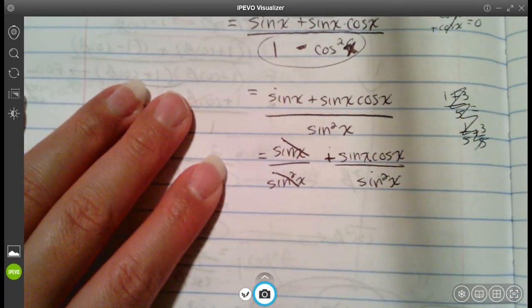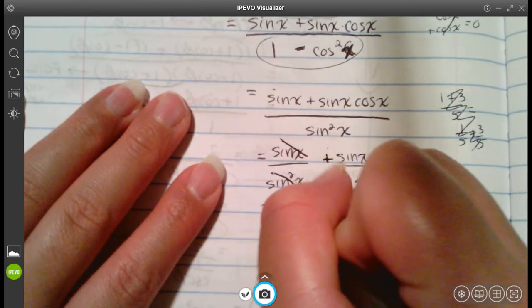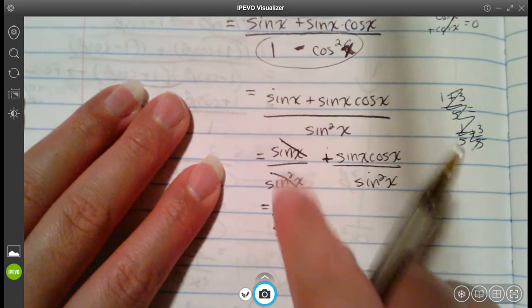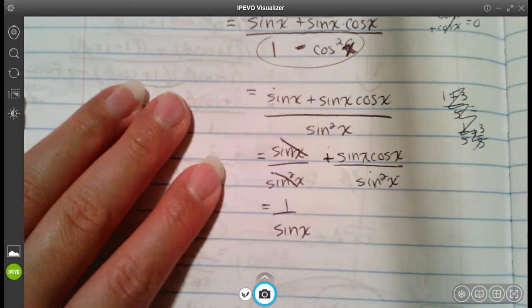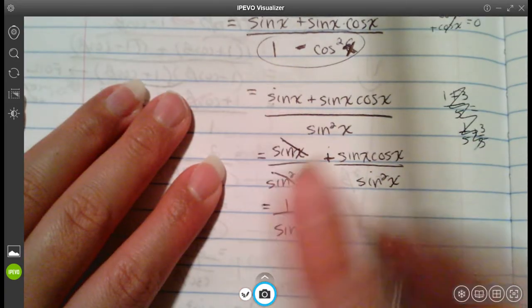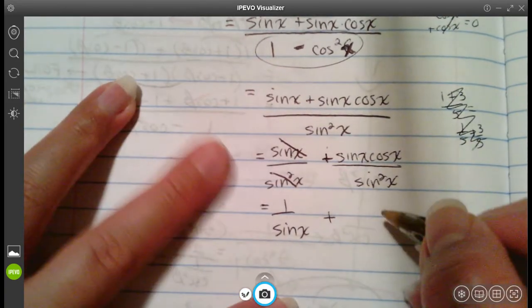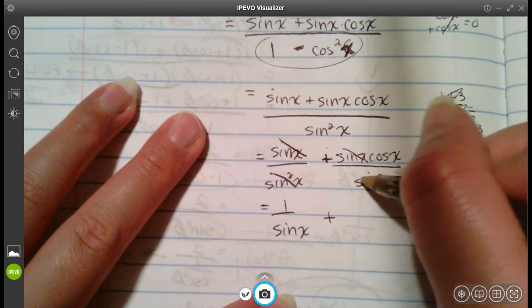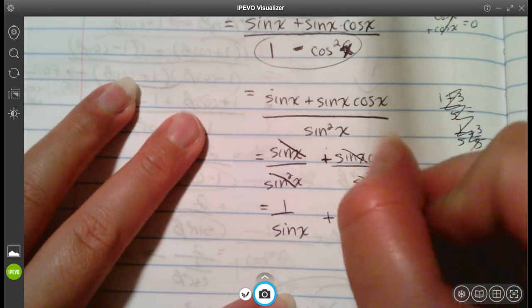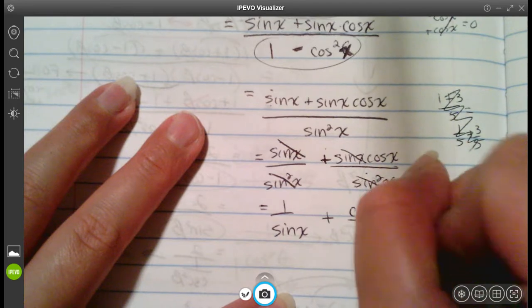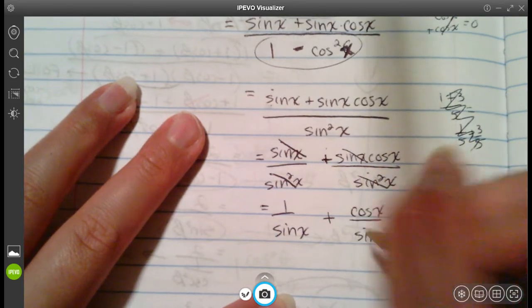From here, you can see several things are happening. One of the sines is now gone. So we have 1 over sine x, because one of them gets canceled out and turns into a 1. Over here, same thing happens. One of them goes away on the bottom, so we're left with cosine of x over sine of x.